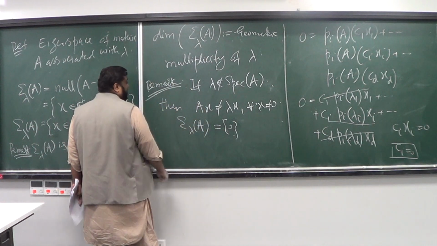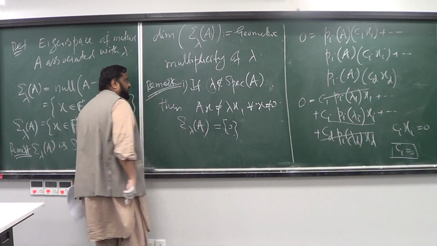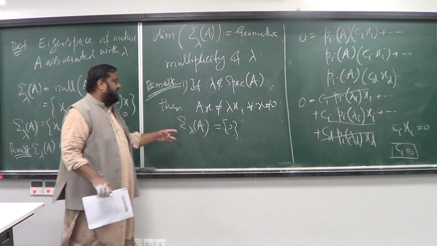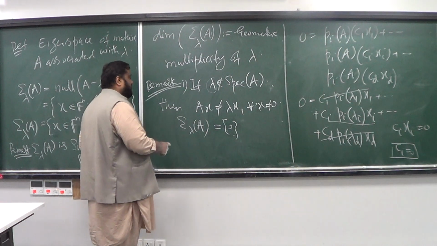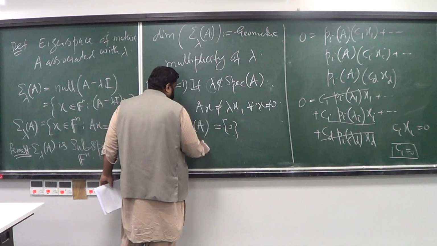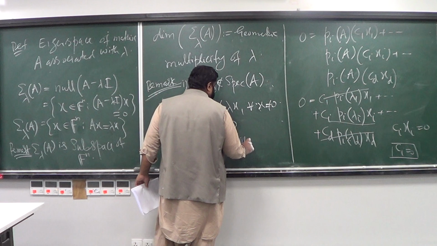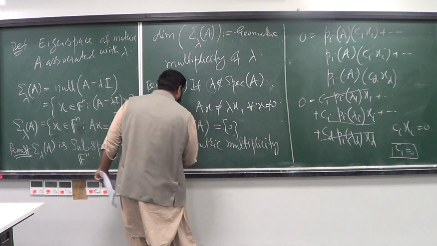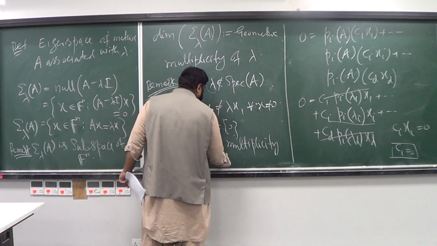So what would be the geometric multiplicity of lambda? Since its eigenspace is 0, the geometric multiplicity of lambda must be 0. Hence the geometric multiplicity of lambda is 0.